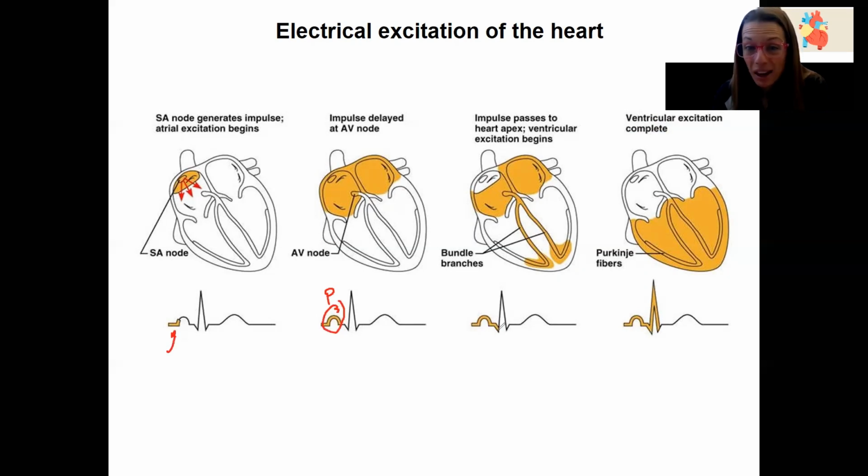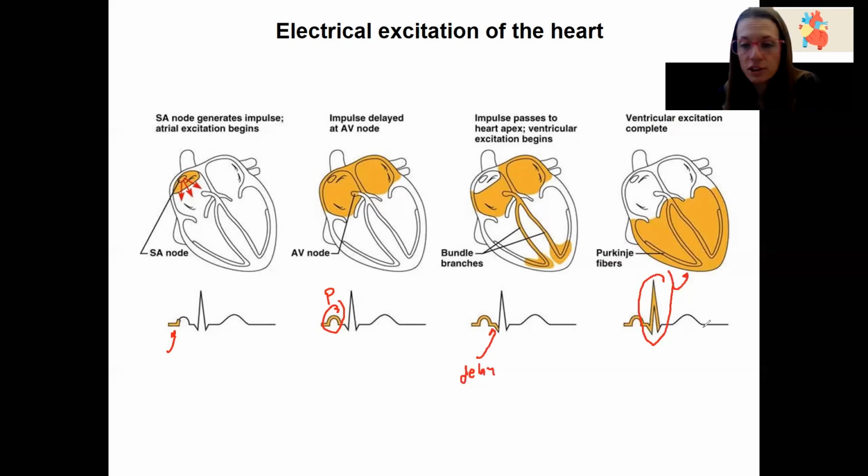There's a delay, remember that, at the AV node? So this is that delay right here. Cool, huh? Before the ventricles contract. Here, they depolarize, and then are going to contract after that. So this is our ventricular excitation. So it fits, right, with what we know about the intrinsic conduction system. All it is is visualizing that conduction system across the heart on a graph.